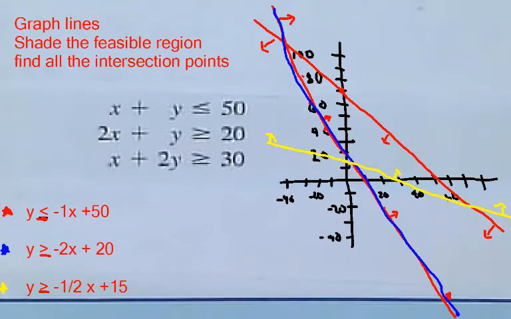Okay, now we're ready. Where is the shaded area? The shaded area is everything in the little triangle, right? We got this part, and this part, and this part, and this part. So I'm making little zigzags right there.